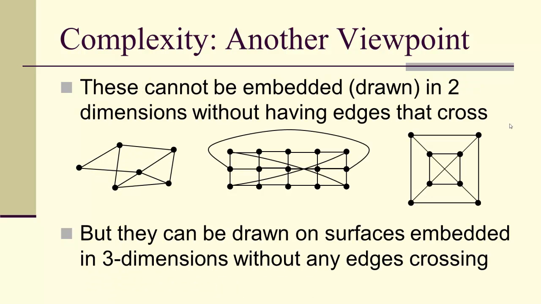However, these networks, these graphs, cannot be drawn in 2 dimensions on a flat plane without having edges that cross. However, if we consider a surface in 3 dimensions, the surface of a sphere, the surface of a polyhedron, something like that, then we can find surfaces in 3 dimensions in which we can draw these graphs without having any of the edges cross each other.